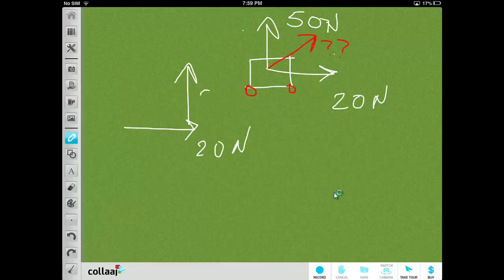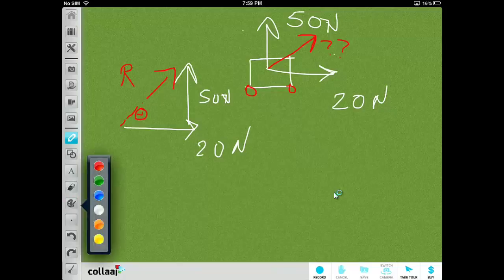So this is also 50 newtons. And as you can see, we didn't change anything. It is just the 20 is to the east and the 50 is to the north. And this is your resultant force, which is this one. This is the R. So you need to find the R, and you need to find the theta, which is this angle. In order to do that, you need to use the Pythagorean theorem and the trig functions.